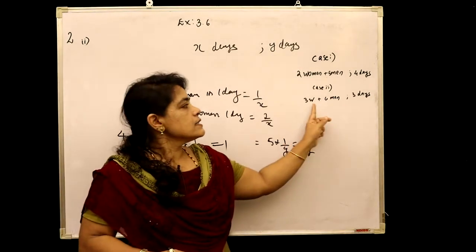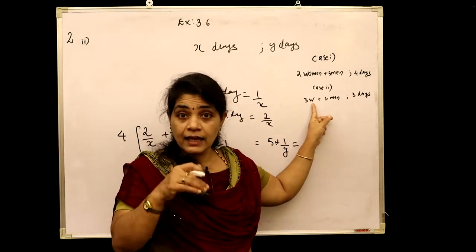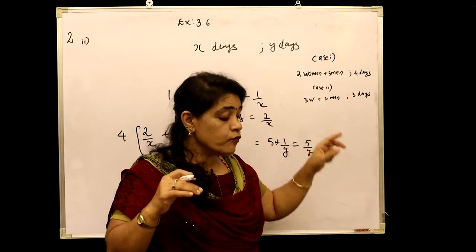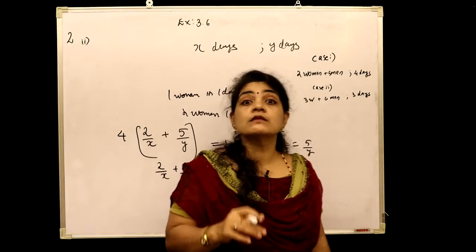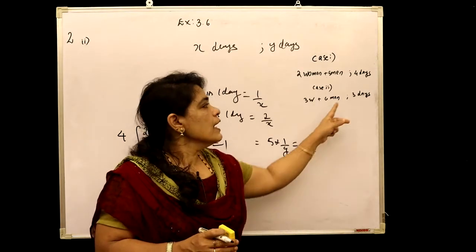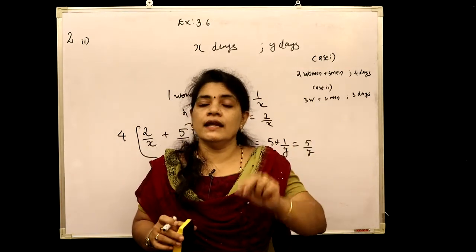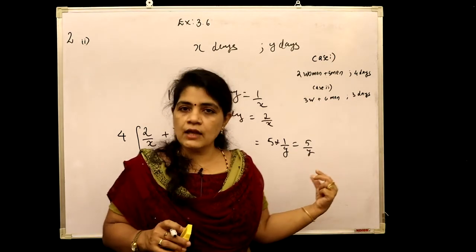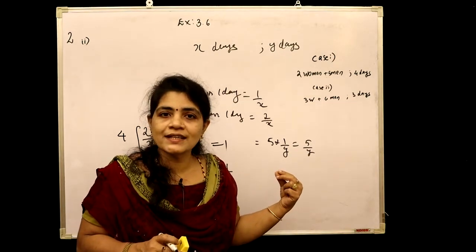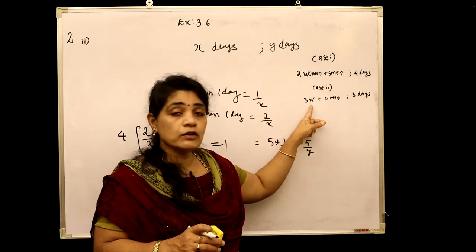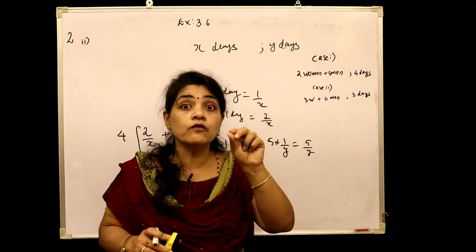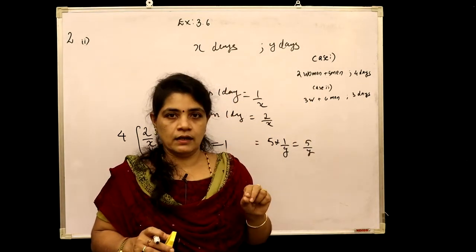In the second case, we have 3 women and 6 men, and they worked for 3 days. In the same way, children, how can that equation be formed? We have to find 3 women's 1 day's work.